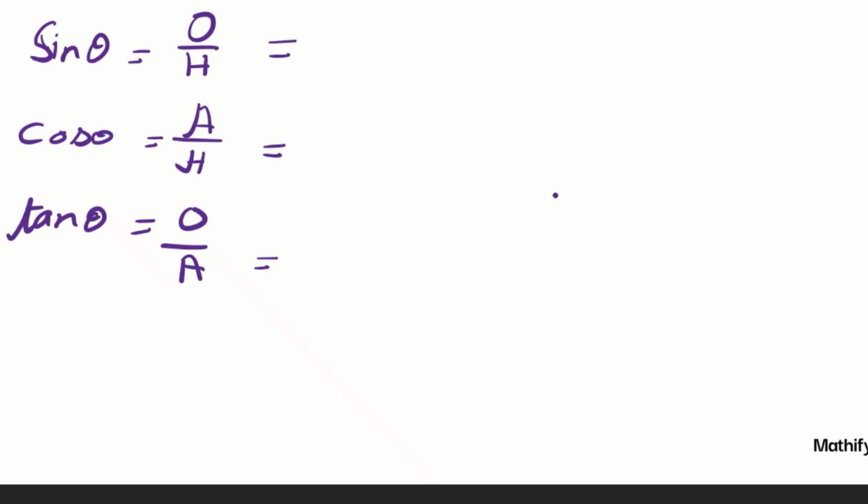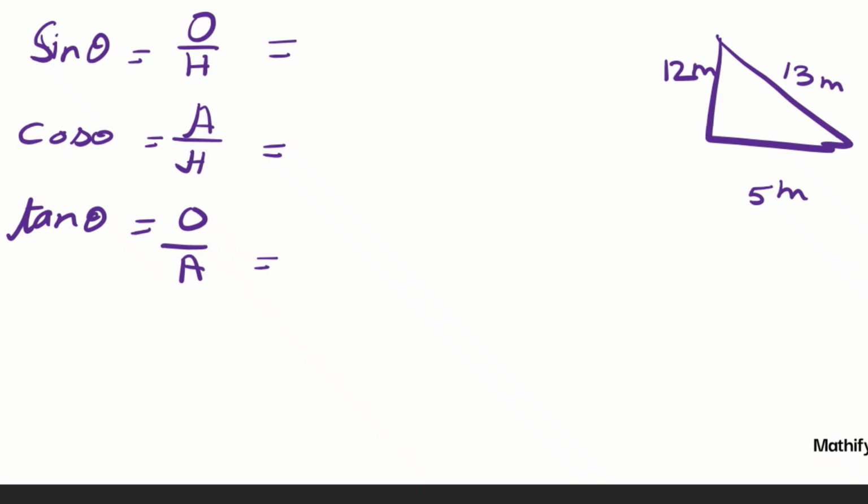So here from the figure it is clear that BC will come out 12 meter, AC is 13 meter and AB is 5 meter. So this is A, this is B and this is C.